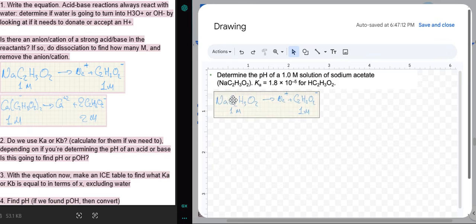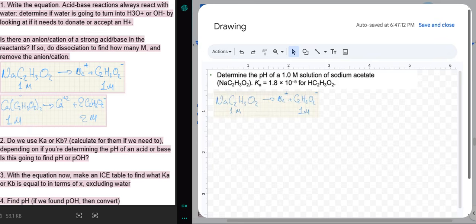And because the coefficient is 1, the ratio of this and this is also 1:1. So if there's 1 molarity of this, then there's 1 molarity of this. So with this, now we know we have 1 molarity of this.